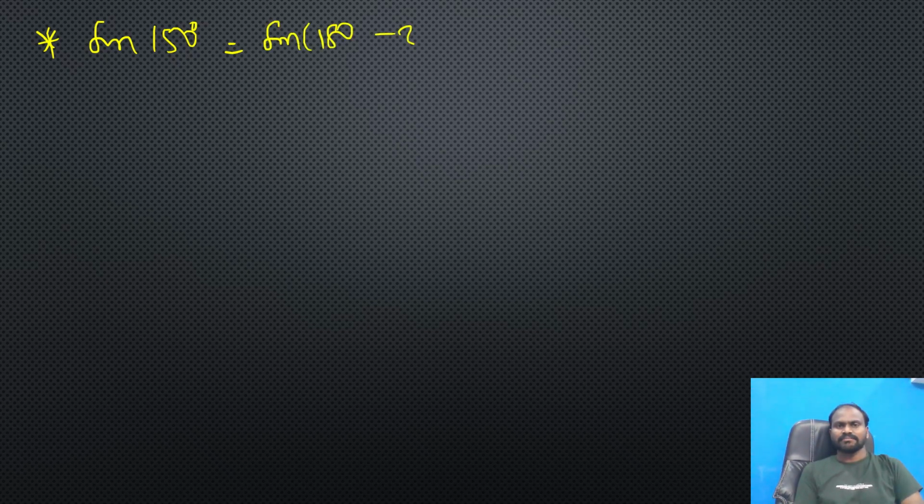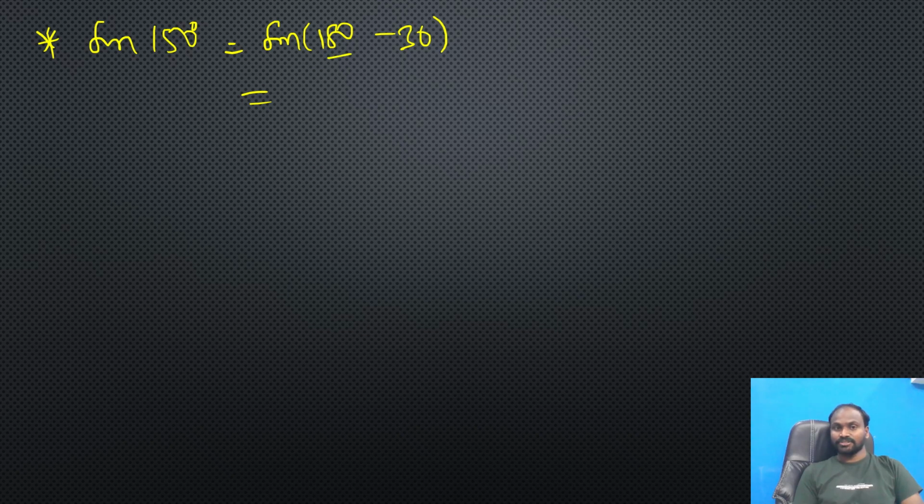Now, for example, let us say we are discussing sine 150 degrees. Since we already know the values from 0 to 90 degrees, I didn't discuss those. So directly, sine 150. 150 can be written as 180 minus 30, which is in the second quadrant. So sine is positive.